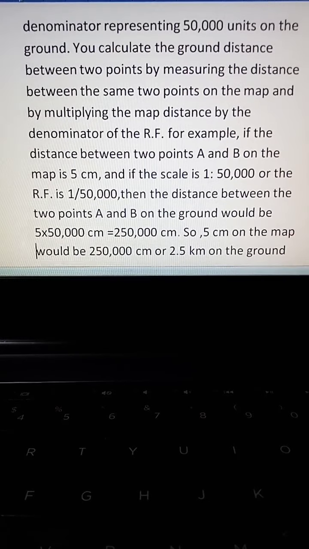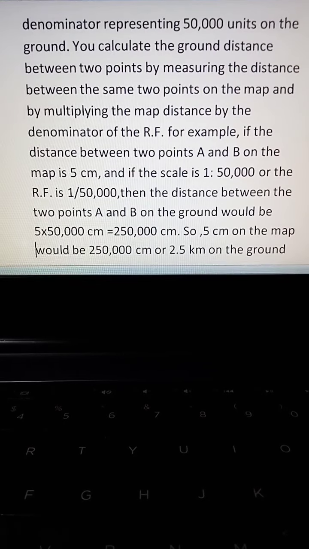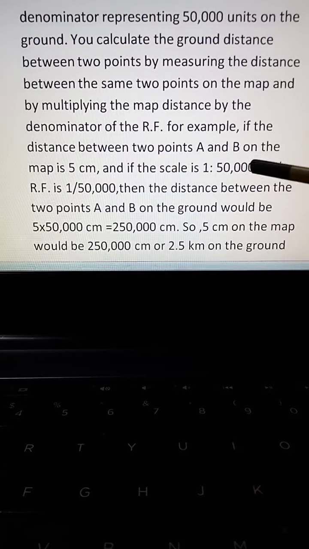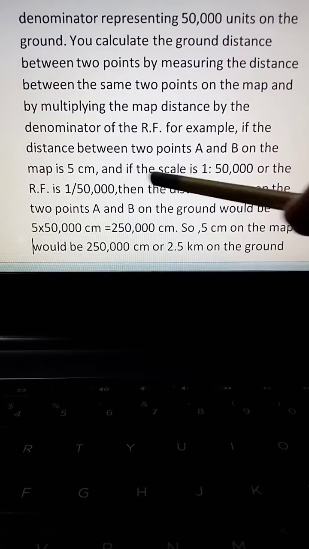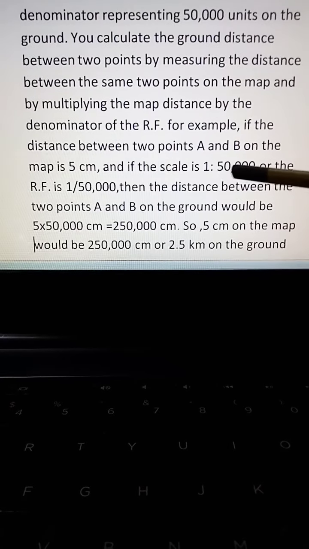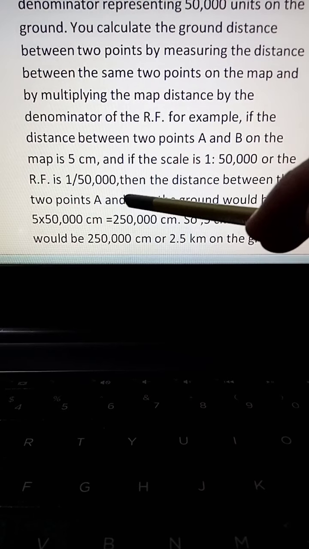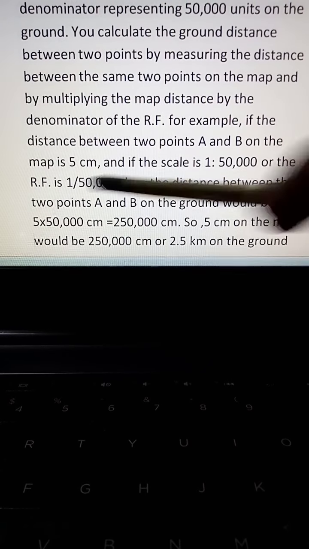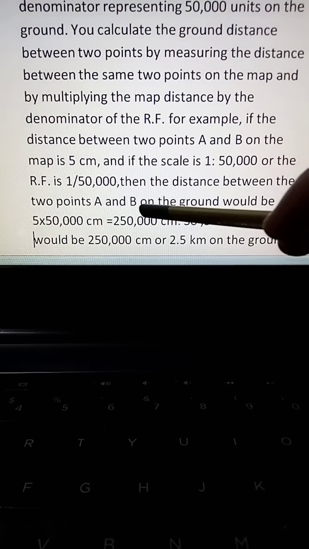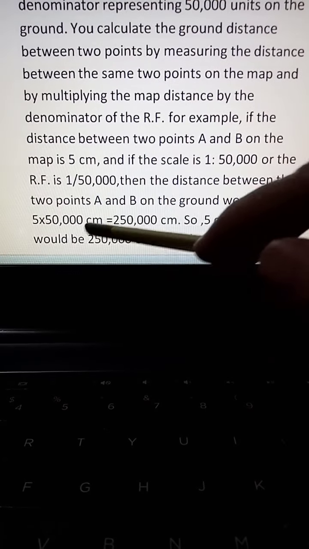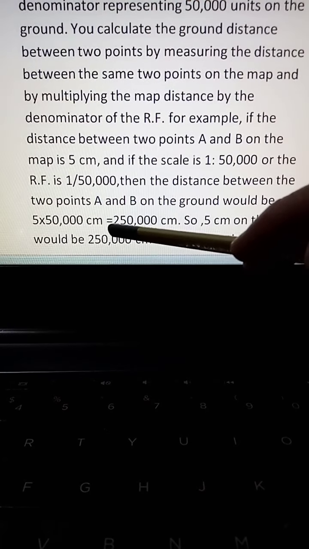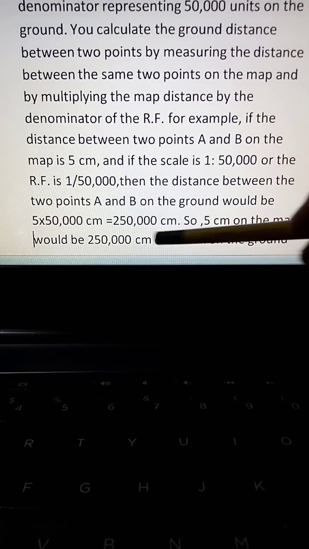For example, if the distance between 2 points A and B on the map is 5 cm and the scale is 1:50,000 or the RF is 1/50,000, then the distance between the 2 points A and B on the ground would be 5 into 50,000 centimeters, which is equal to 250,000 centimeters.